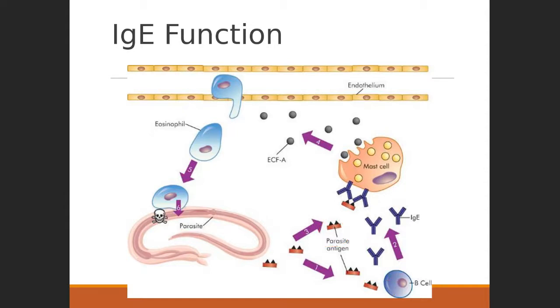The Fab portion of the antibodies will bind to the antigen. The Fc portion of the antibodies will bind to our mast cell, secreting chemicals, in this case, eosinophilic cellular factors, recruiting eosinophils to the region, which can then attack the parasite directly.